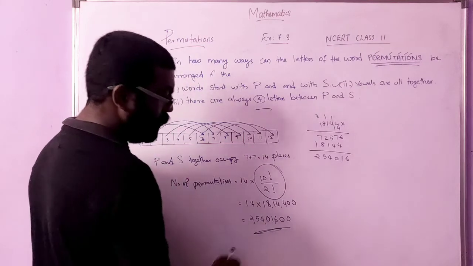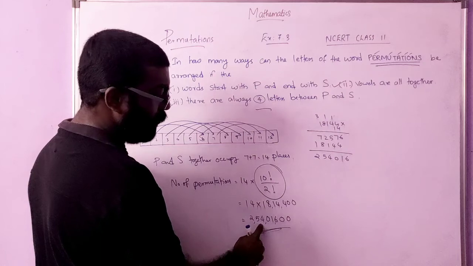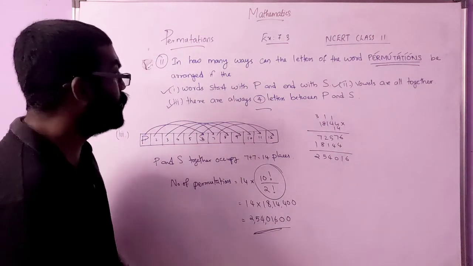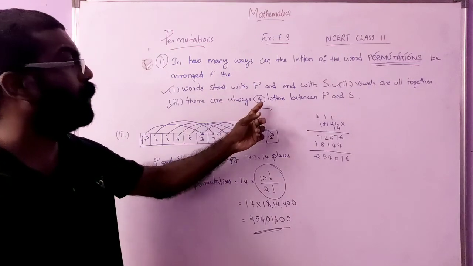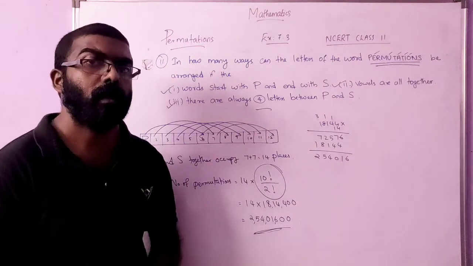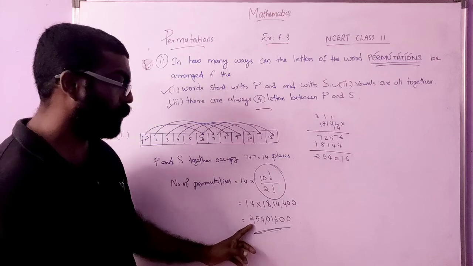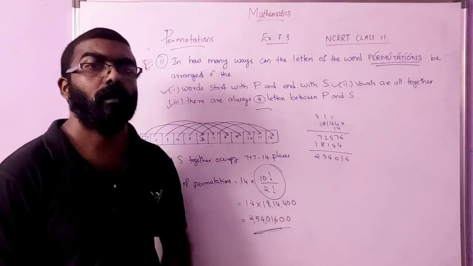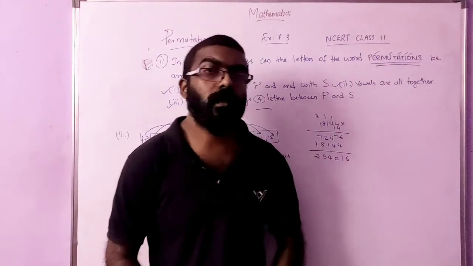So our final answer is 2,54,01,600. That means the number of permutations in which there are always 4 letters between P and S will be equal to 2,54,01,600. Clear? So this finishes exercise 7.3.